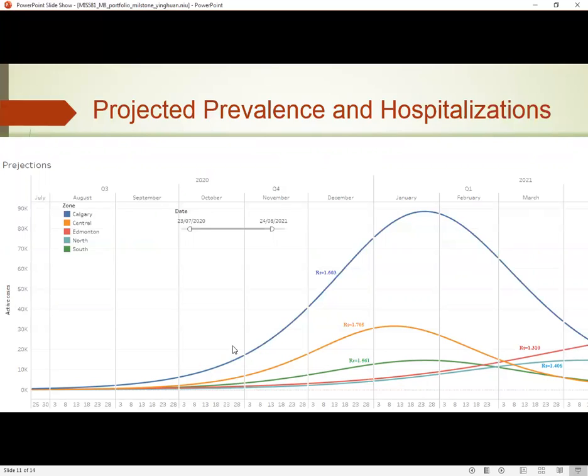Each region will likely reach their peak in January 2021, when the active cases could reach from 10,000 to 85,000. Of course, this is an unrealistic prediction because the situation and measures keep changing. That's why we need frequent short-term predictions to adjust to the situation.